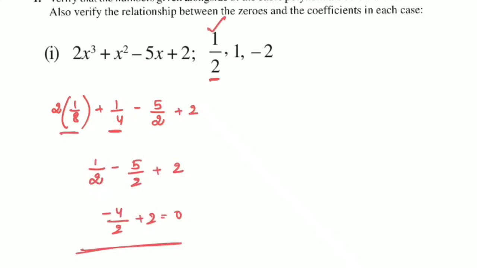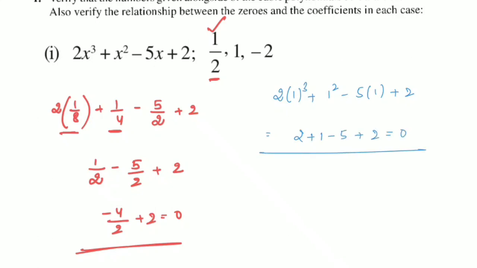Now look at the second one. If I substitute 1 here, 2 into 1 cube plus 1 square minus 5 into 1 plus 2: 2 plus 1 minus 5 plus 2, that is 0. Therefore 1 becomes a zero.